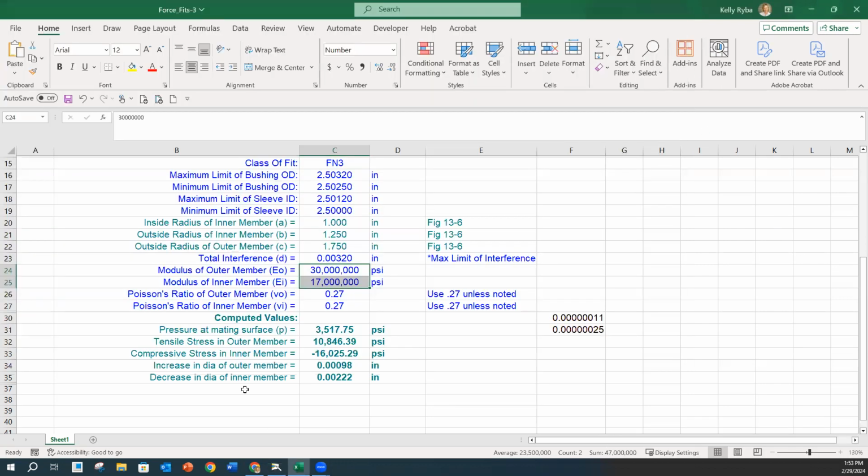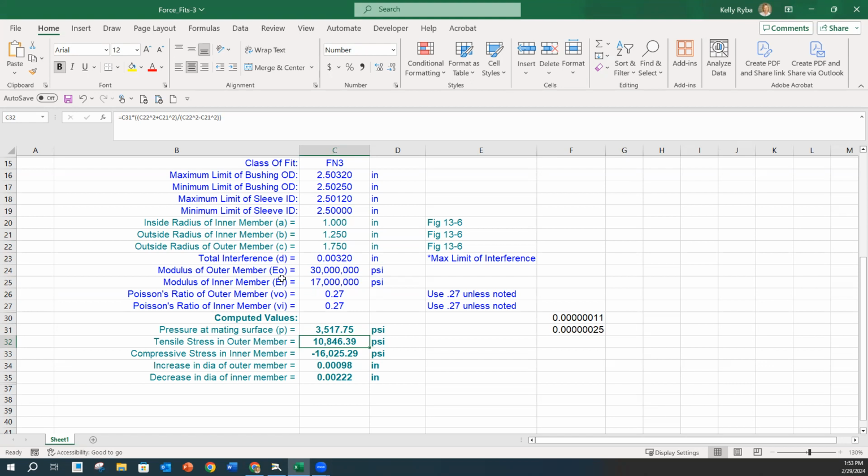Okay. So as we compare our results to what we have here, you should see that they match up with exactly what the book has. So it calculated the pressure for us first in that process, and notice that's in PSI. Then it used those two equations for the inner and the outer to get the tensile stress, the pulling apart, in the outer member, and then the compressive stress in the inner member.